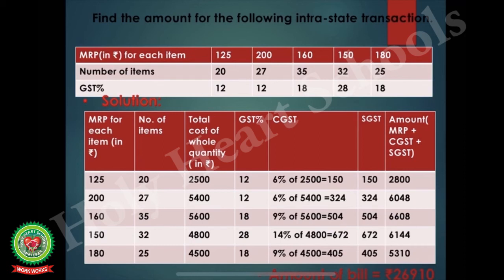Now students, as we have to calculate the total amount of bill, we are going to add all these values in the column of amount, and adding these values we get the amount of bill as rupees 26,910.